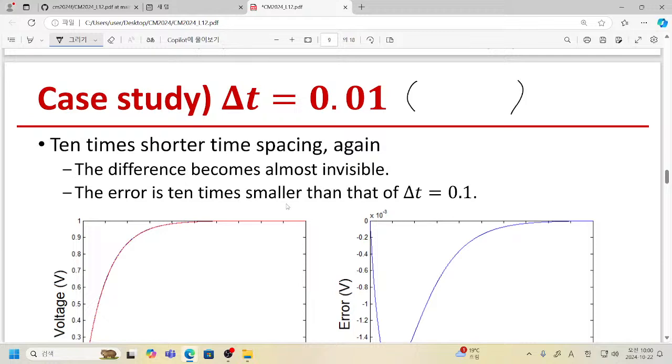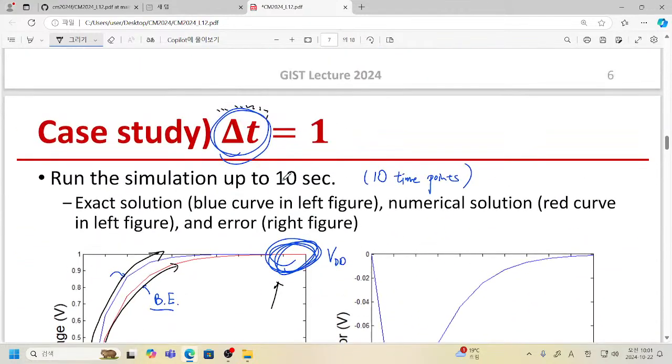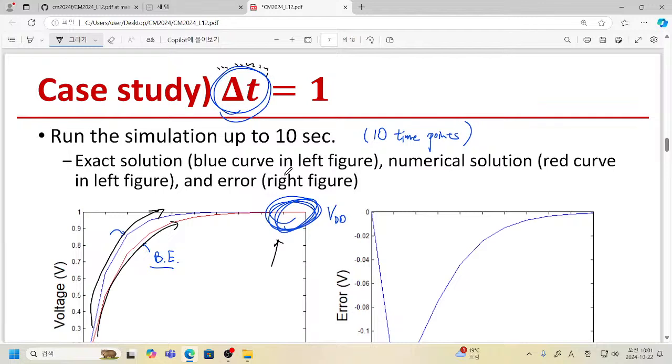So how many points did you use in this case? In this case, you have spent 1,000 time points to get this solution. And how many points did you use here? In this case, although the solution is quite bad, you have used just 10 time points. So you are asked what is the optimal value of your delta t.